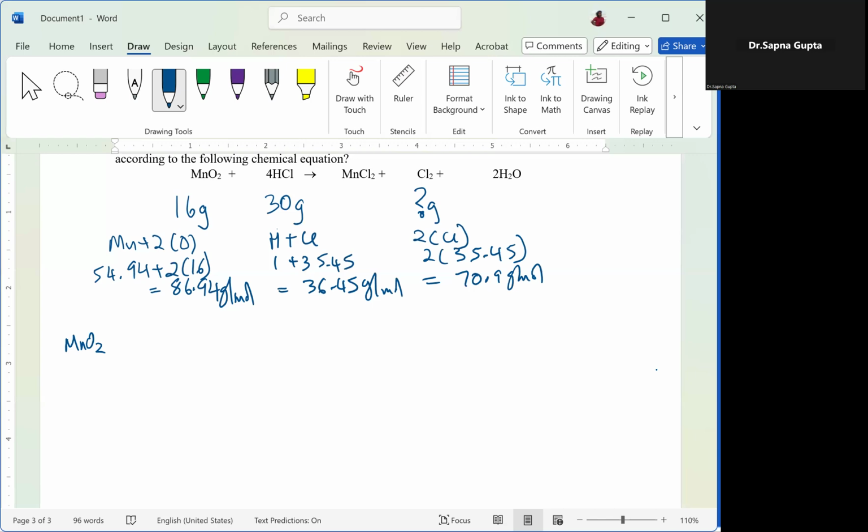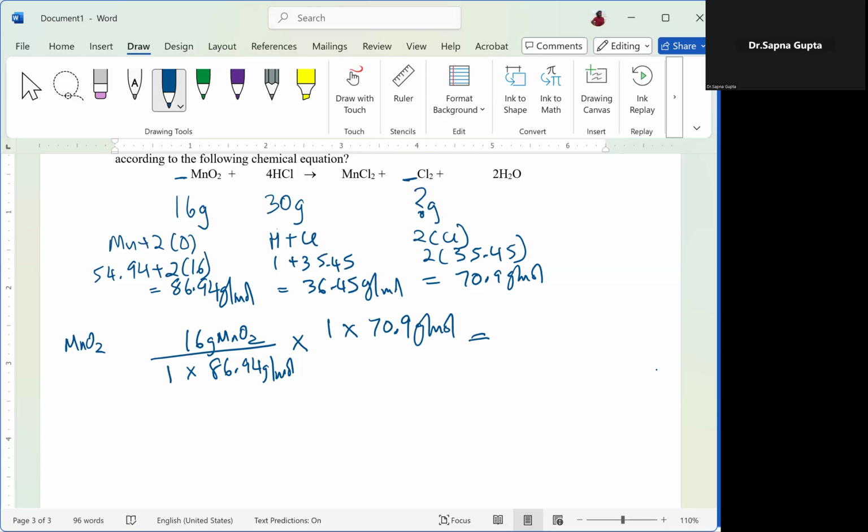So we have 16 grams of MnO2 divided by, there's a coefficient of 1 in front of it, so I'll just put 1 there, 86.94 grams per mole, multiplied by the product, Cl2, which is what we are going for. The coefficient is 1 there as well, and then 70.9 grams per mole. Okay, so that's going to be for MnO2.